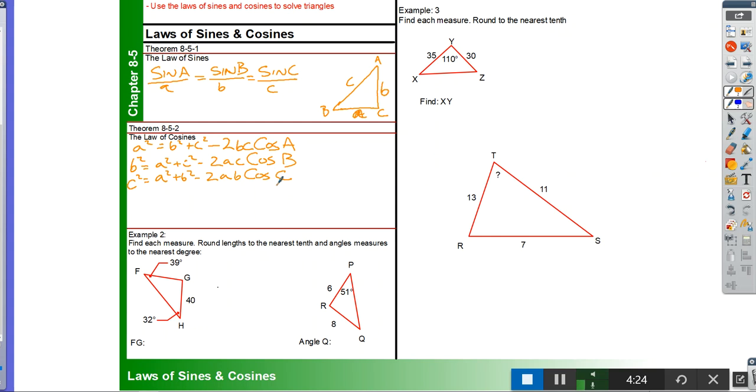And so those are the law of sines and law of cosines. Simple enough. Let's start applying it.